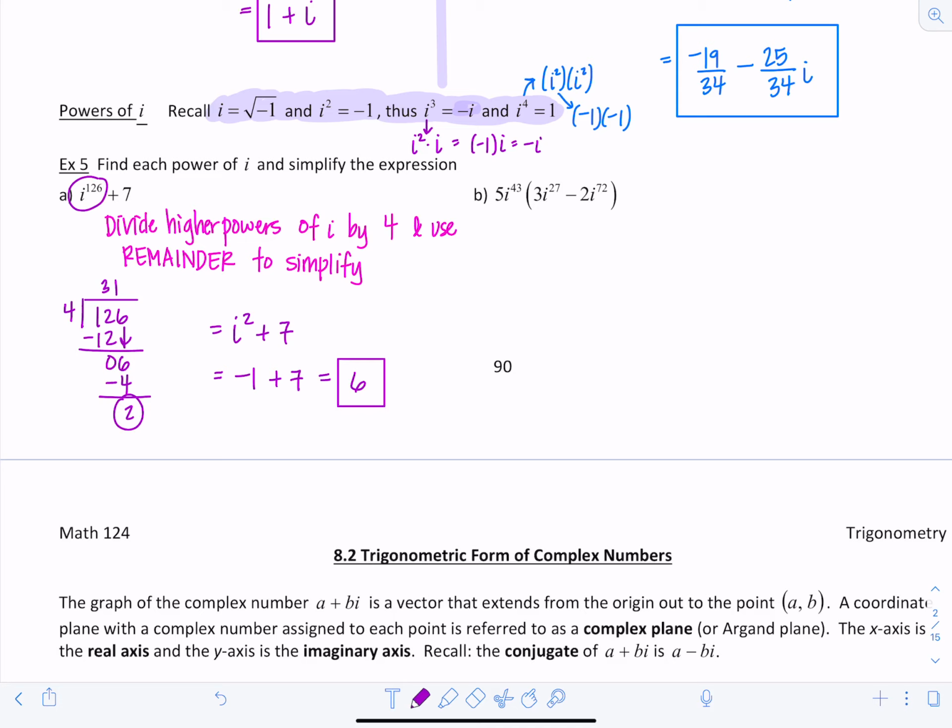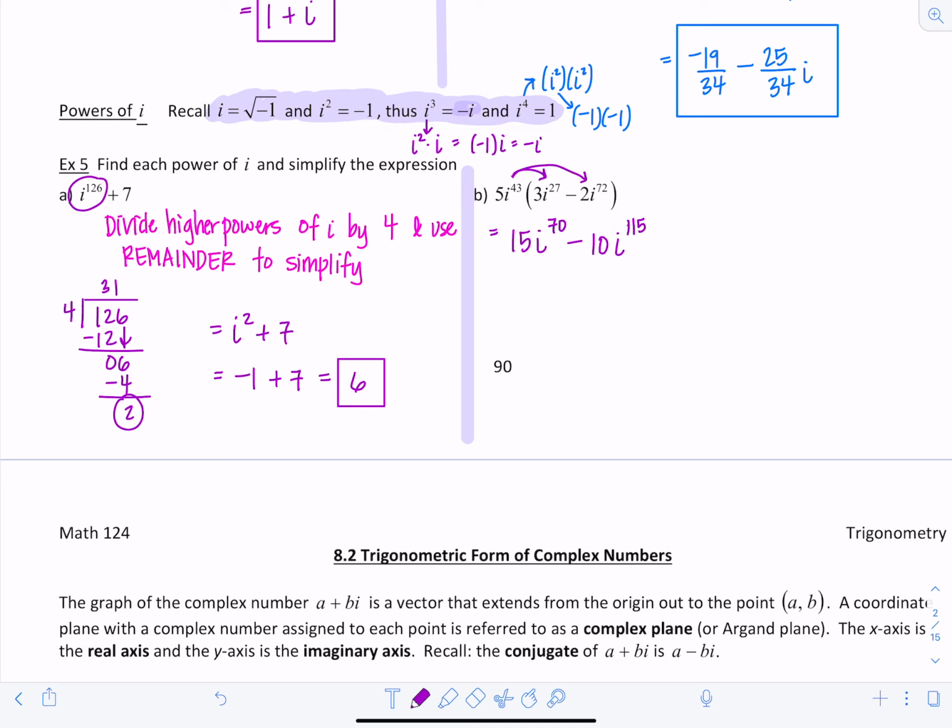Good. Now let's see. I have 5i to the 43rd times 3i to the 27th minus 2i to the 72nd. Okay, instead of doing 3 separate problems, let's distribute first, right? Instead of simplifying 3 different powers of i. So this is going to be 15i, I'm going to add the exponents, to the 70th power, minus 10i to the 115th.